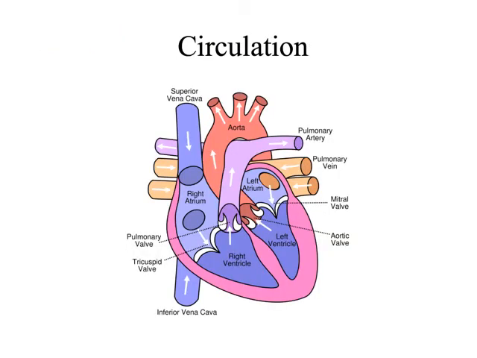So circulation-wise, we have blood entering perhaps through the superior vena cava or the inferior vena cava into the right atrium. It's pumped through the tricuspid valve into the right ventricle, and then it exits the heart through the pulmonary valve and out into the lungs through the pulmonary artery. It comes back into the heart through the pulmonary vein, enters the left atrium, and enters the left ventricle through the mitral valve, and then it exits the heart through the aortic valve and is pumped out through the body.